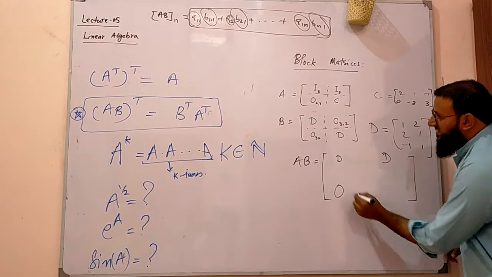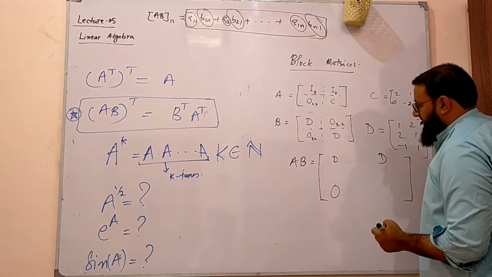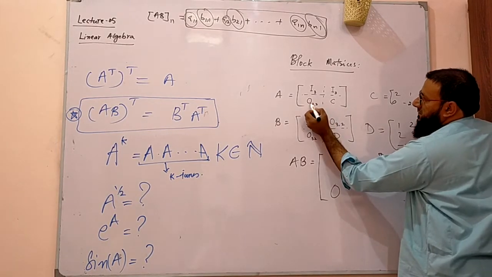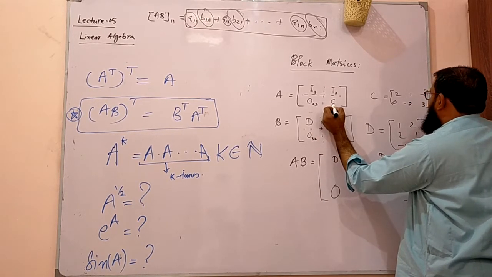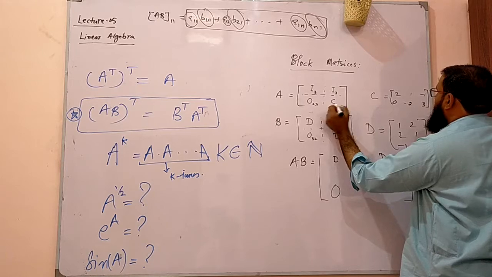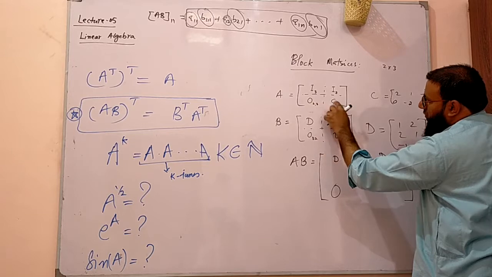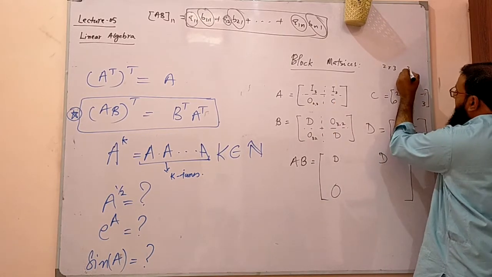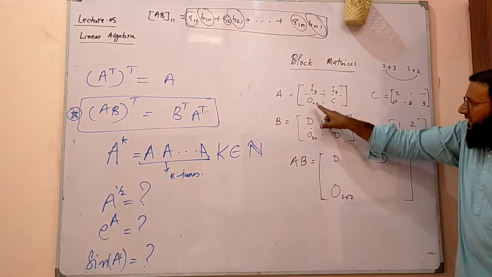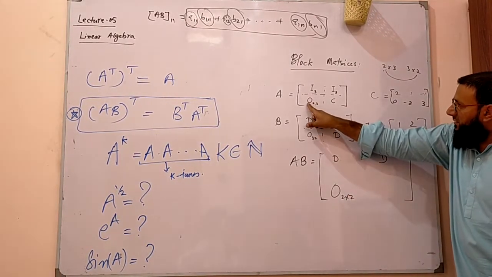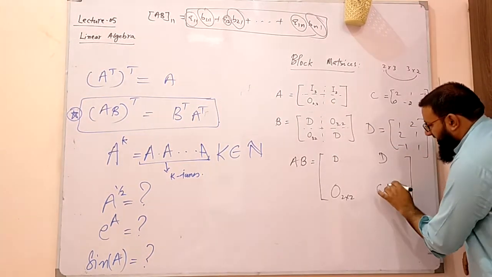This is a null matrix, but will it be 3 by 2 or what? What is the order of C? 2 by 3. What is the order of the row? 3 by 2. So it would be 2 by 2. Now this row with this column: null with null, null, and C with D would be C.